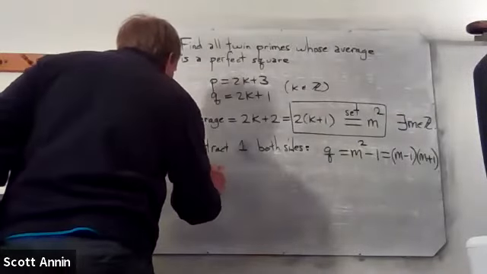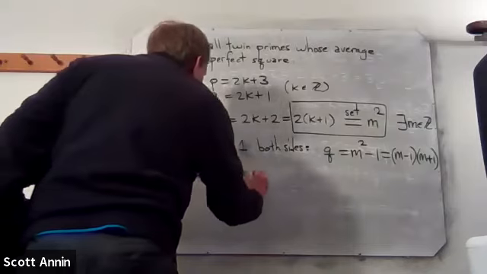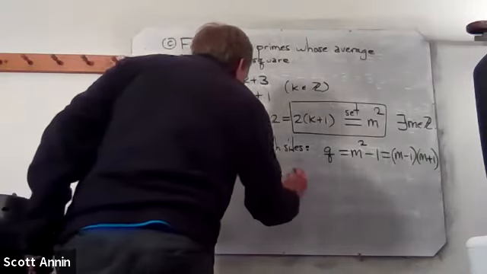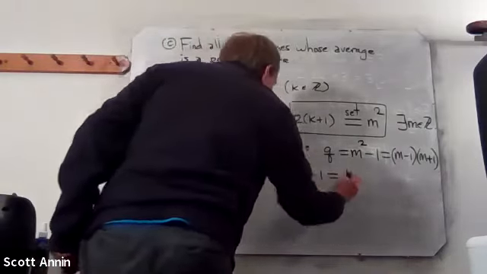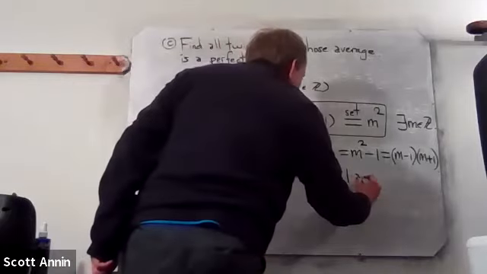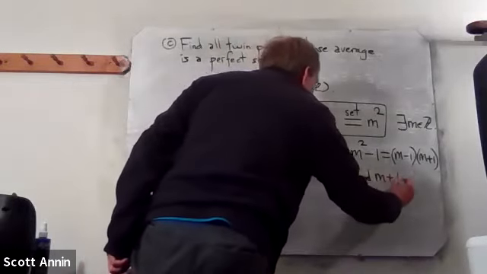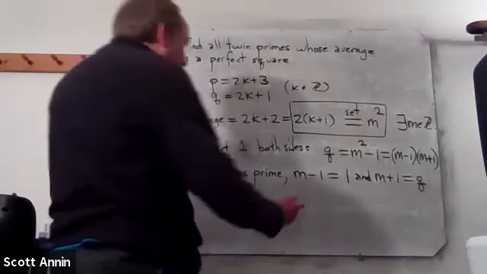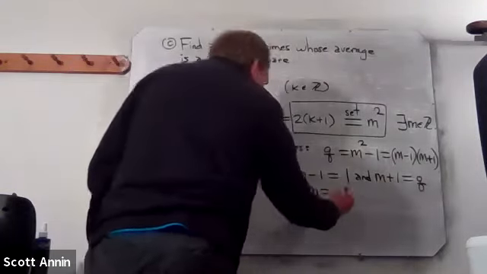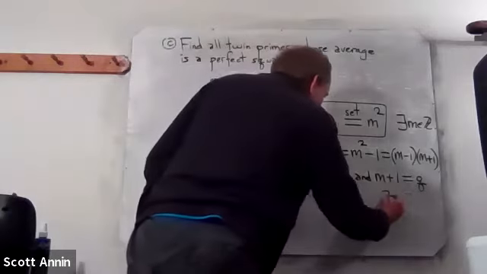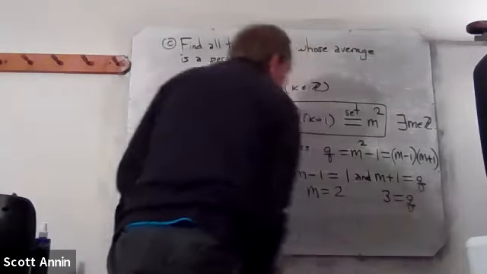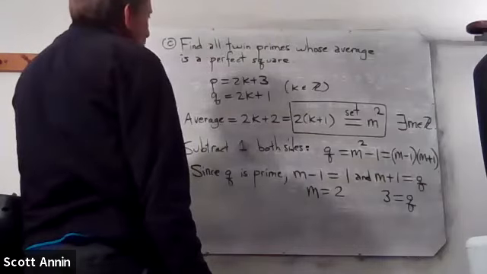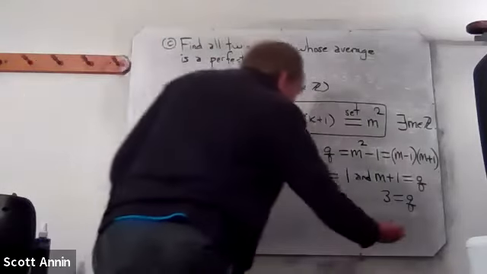So since Q is prime, m minus 1 has to equal 1, and m plus 1 has to equal Q. That's the only way to do it. And so m is 2, that's easy. And so Q is 3. That's also pretty easy. And as soon as Q is equal to 3, then P is equal to 5.